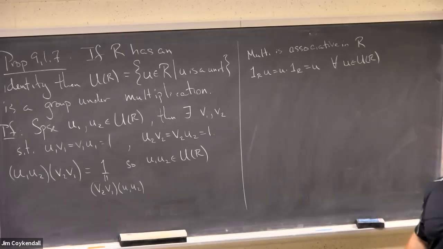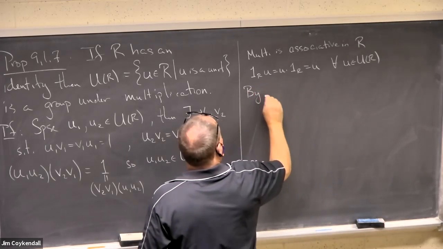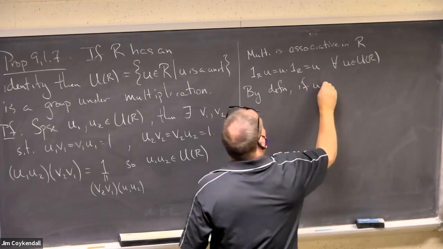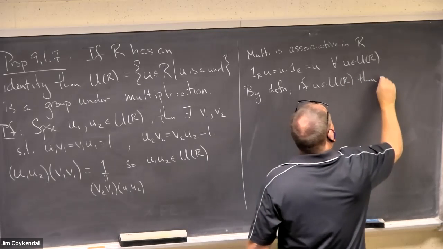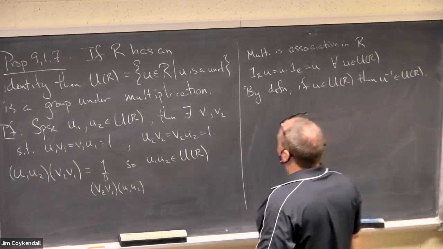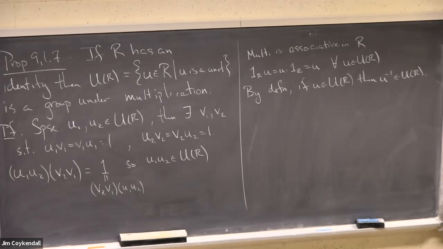There's the identity, and by definition, if U is a unit, then U has an inverse that is also a unit. Okay.